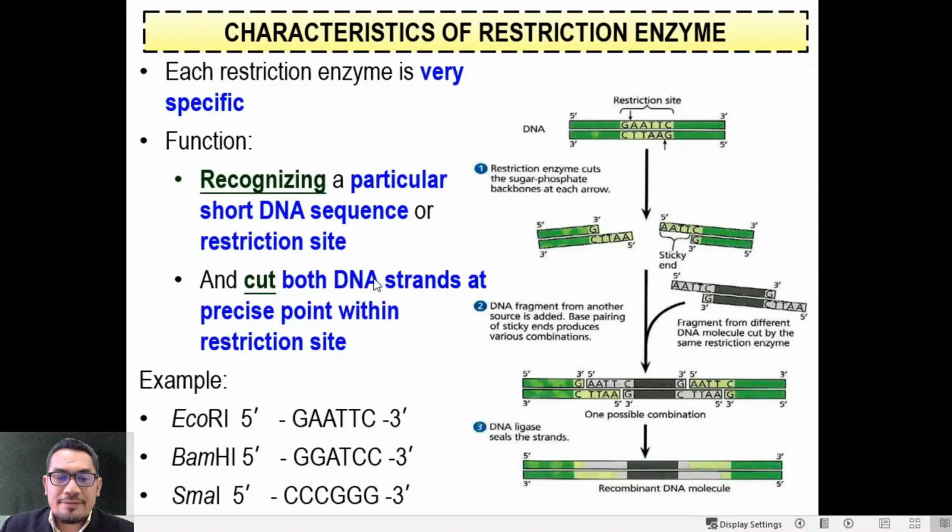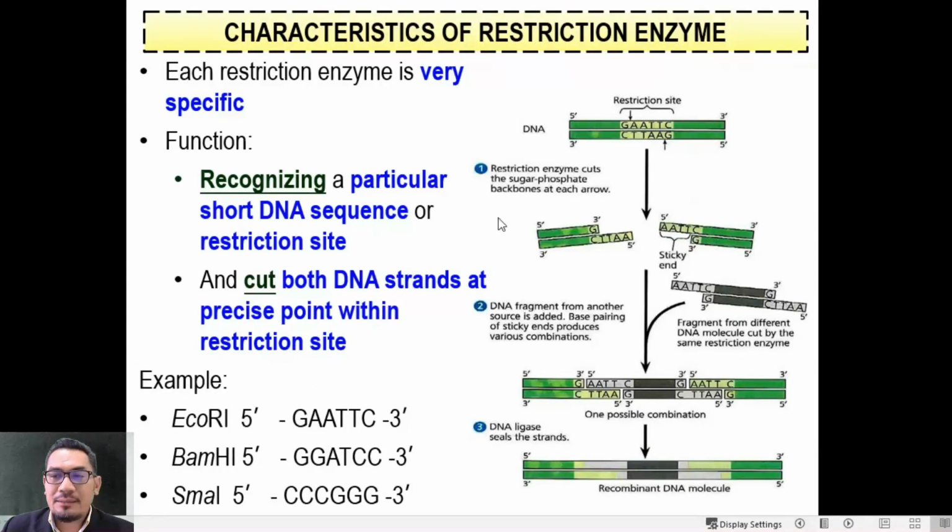There are three examples of restriction enzyme. First, EcoR1 that recognizes GAATTC as its restriction site. This diagram shows how the restriction enzyme cuts the restriction site.